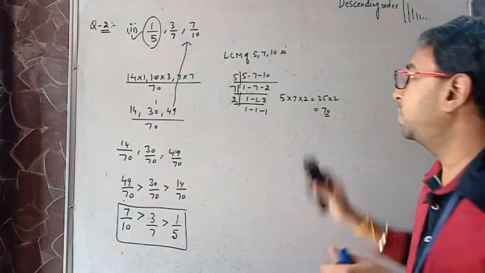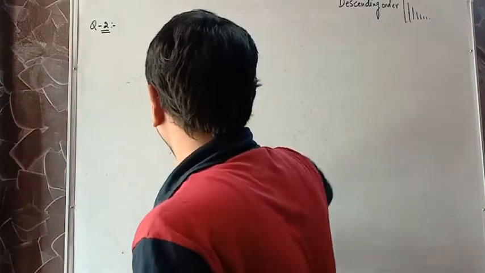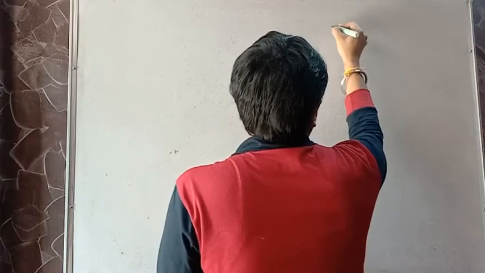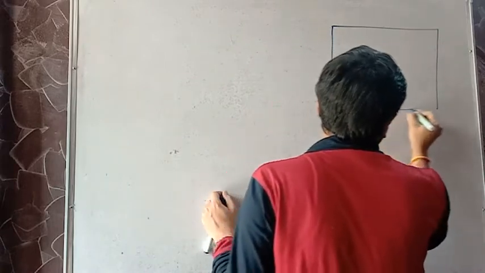Next, question number 3. Question number 3 is again a magic square. We are not doing the magic square for the first time. We have done magic square in the first chapter also, when we added rows, columns and diagonals together. So let's discuss the magic square. I'll draw the magic square for you. This is the magic square that is given.